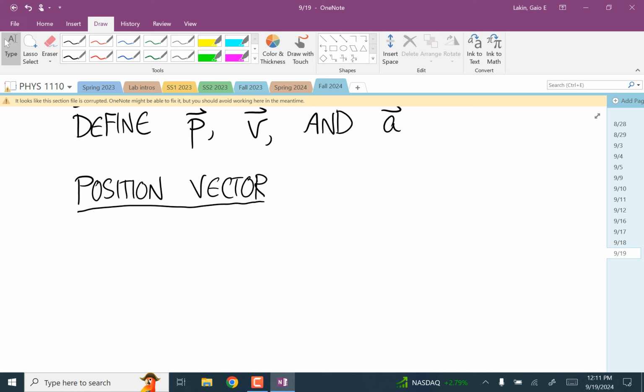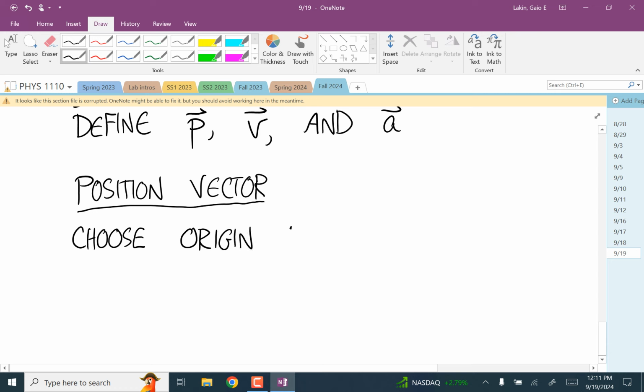So the two-dimensional versions of the 0 position and the positive direction are an origin location, the origin of the coordinate system, and the orientation of the coordinate system.